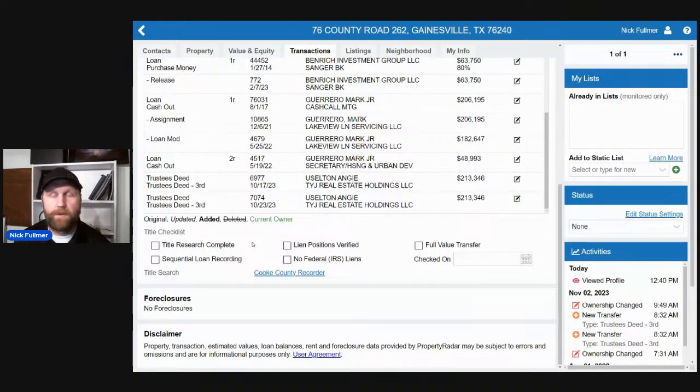but I figure I might as well share this with everyone here, because if you are contacting people who don't even have money owed to them, number 1, how much time are you wasting doing that? Number 2, how much money are you wasting because you're contacting somebody, because time is money, right? The time you spend trying to find somebody, trying to contact them who's not even owed money is time that you could have spent actually working a real deal, an actual deal that's going to pay you.